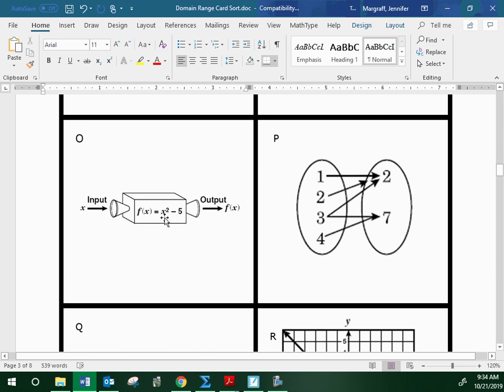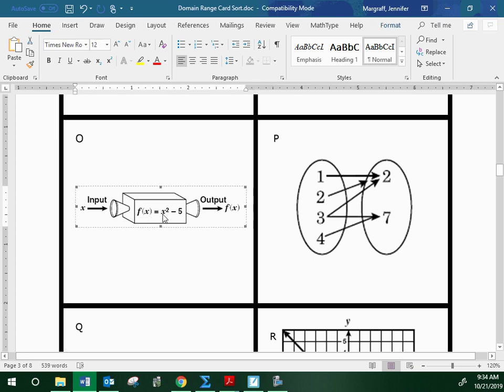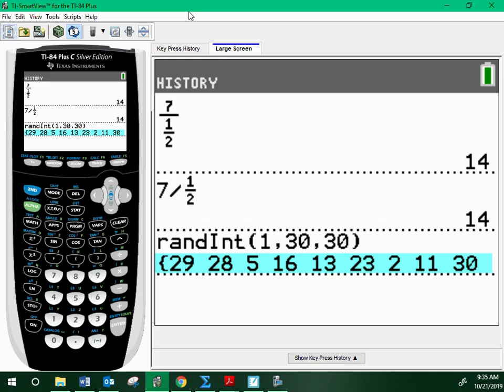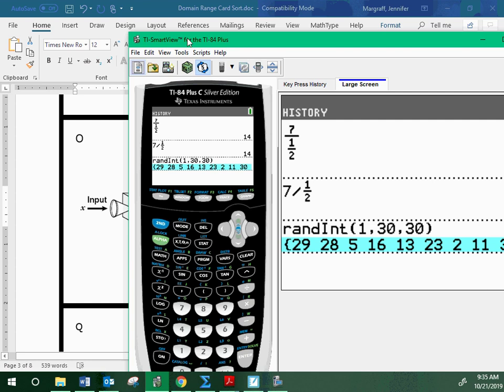So this is just our function notation. We'll be talking more about that next class. But all this is saying is it's actually just y equals x squared minus 5. And the easiest way to do this right now, you would probably need a calculator unless you remember how to graph quadratics from last year.